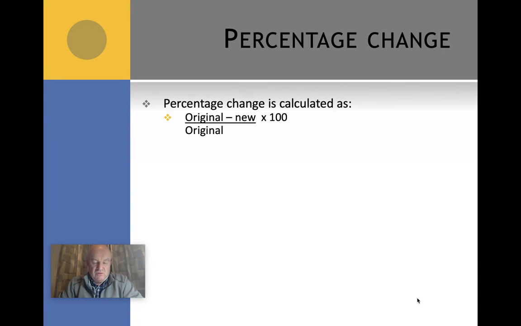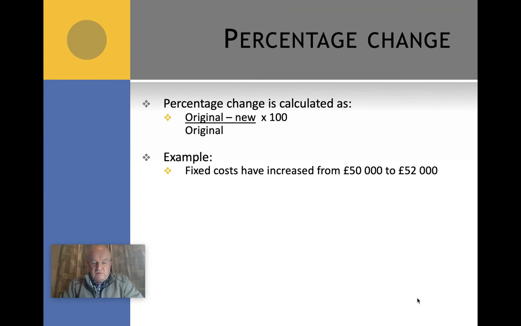Let's have a look at an example to help you with that then. In this instance, we've got fixed costs that have increased from 50,000 to 52,000. So our original figure was 50,000, our new figure is 52,000. We need to calculate the difference between the two and then divide that by the original to get the percentage change.